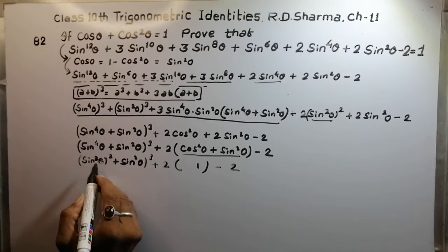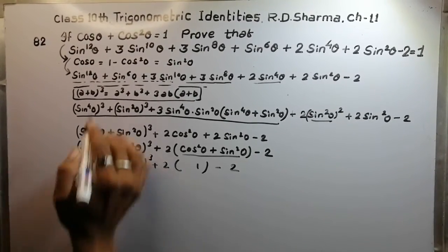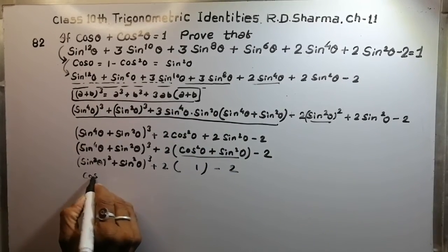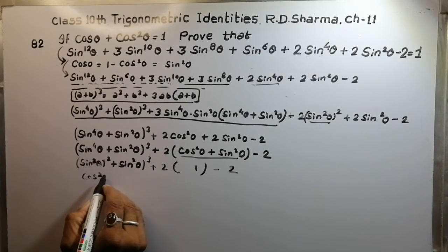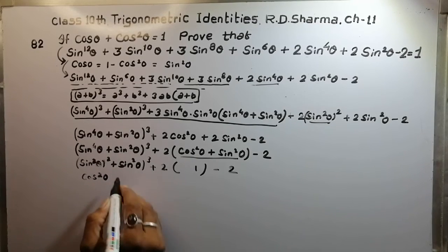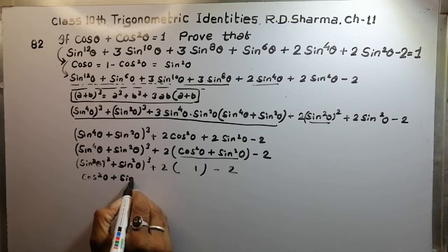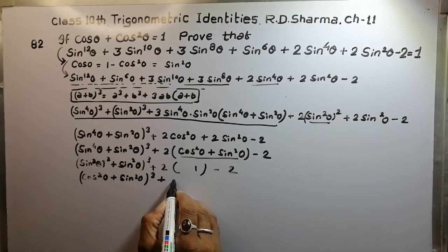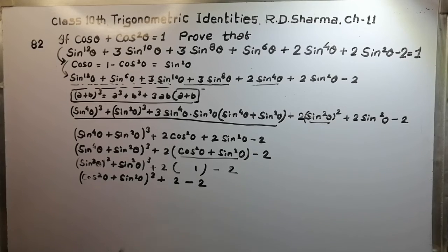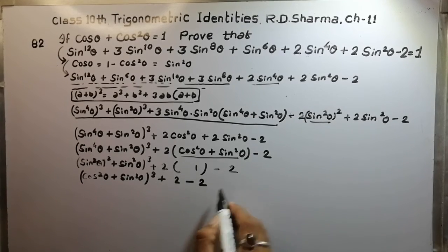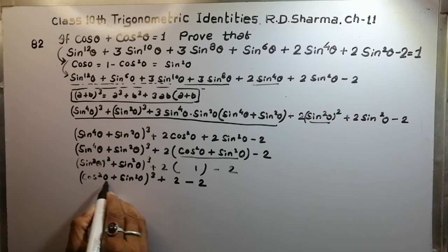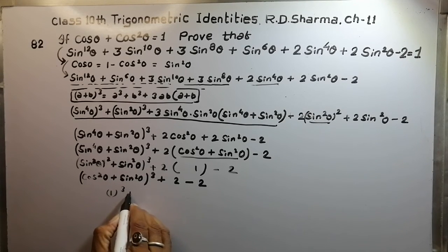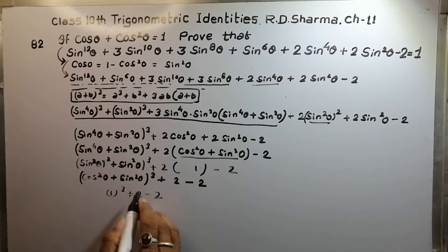And the value of sin square theta we can take from here, cos theta plus sin square theta whole cube plus 2 minus 2, and the value of cos theta plus sin square theta is also 1, so 1 cube plus 2 minus 2.